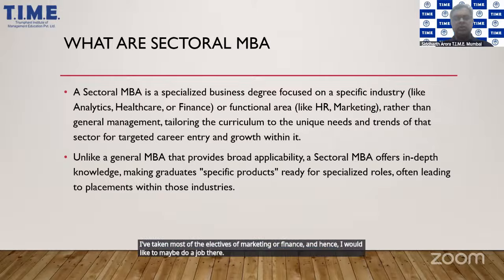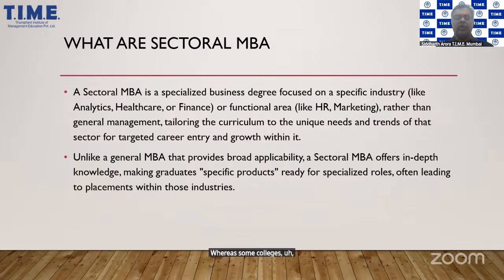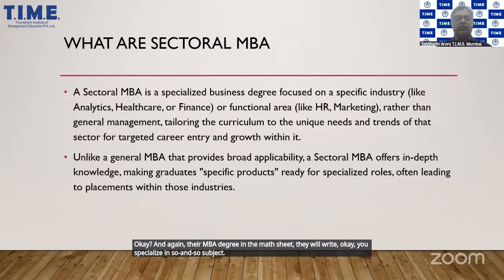Some colleges, like MDI, allow you to take up to two specializations, and the mark sheet will say you specialized in so and so subject, basis the number of electives you have chosen.